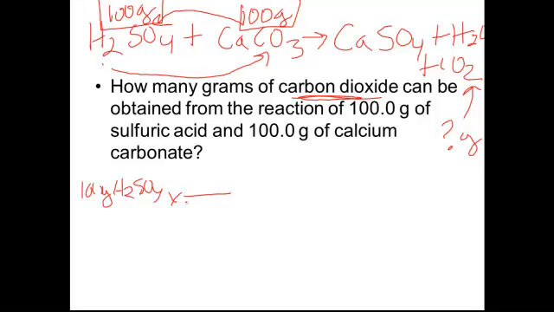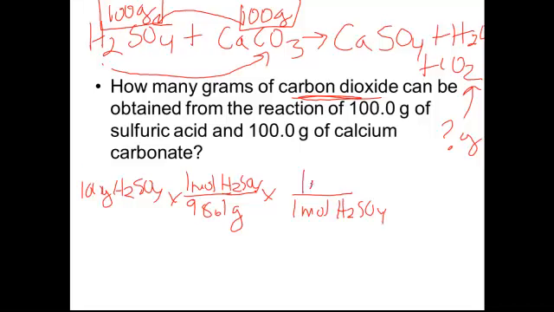H2SO4 has a mass of 98.1 grams from the periodic table. And I believe this equation, I should have checked, looks like it is already balanced, so we don't need to do anything. So from the balanced equation, 1 mole of H2SO4 is going to react with 1 mole of calcium carbonate.